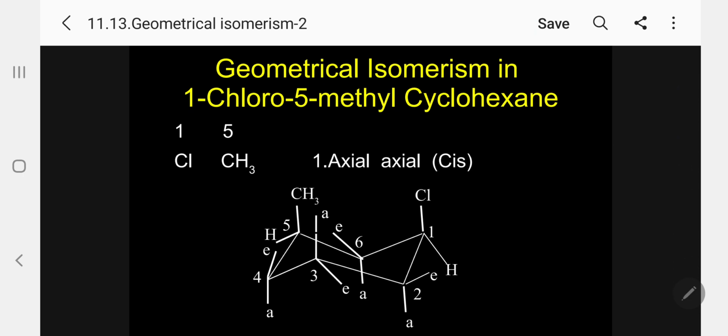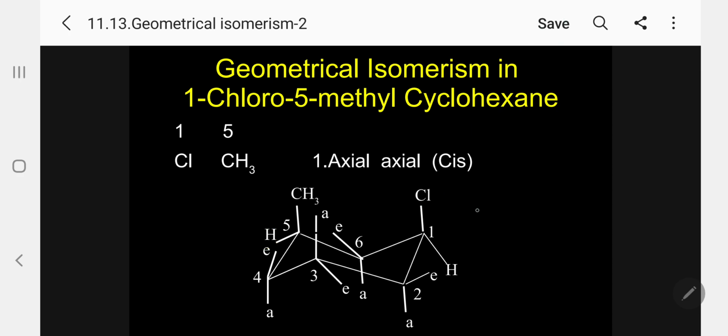Let me take chlorine axial on carbon 1 and the 5th carbon atom with an axial methyl group, so both are above. Now consider hydrogen equatorial; both are below, so cis isomerism is possible. That is the first case.